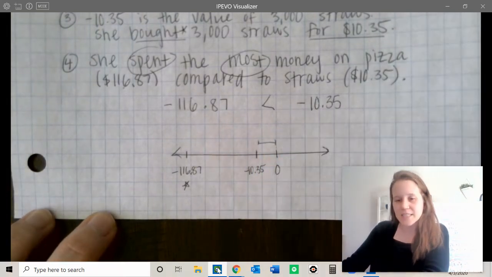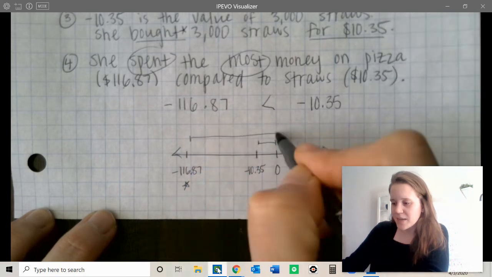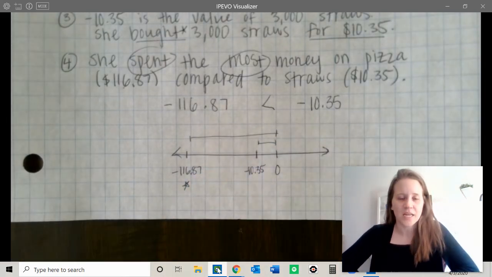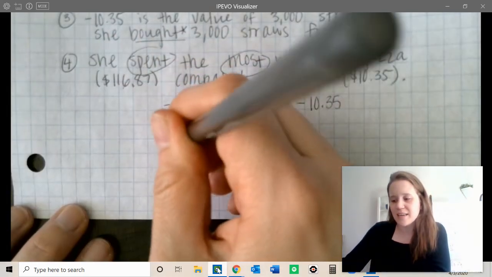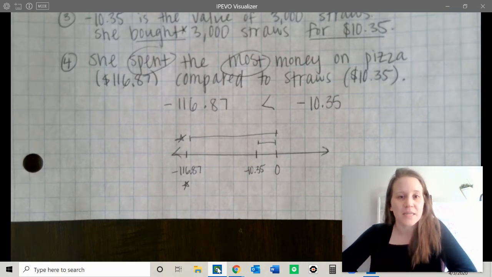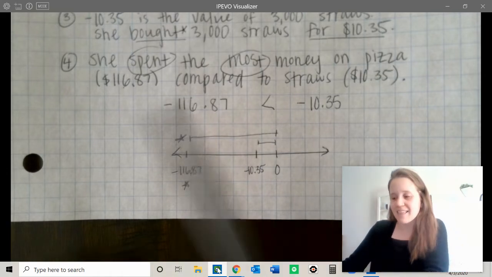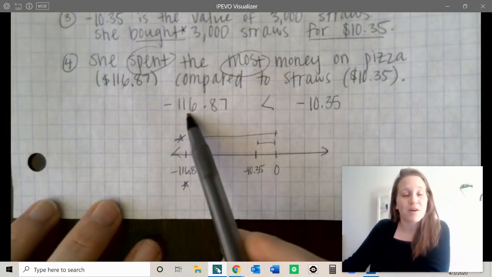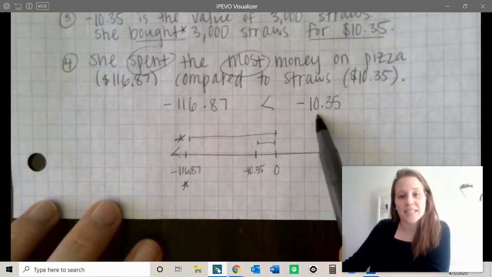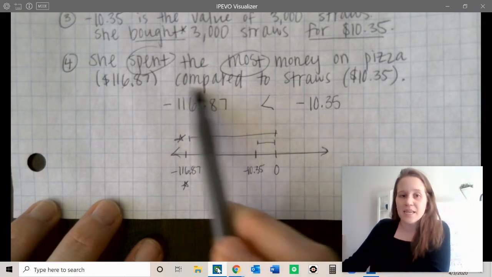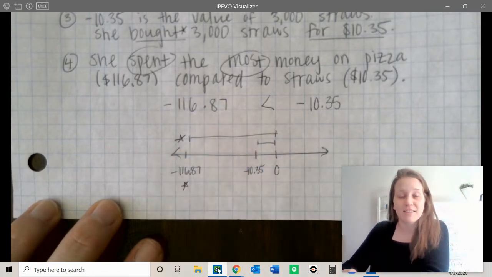Did I only spend this much, or did I spend this much? Right? Clearly, then you can see that here I'm spending the most on pizza, that number that's farther away from 0. But again, the value of these numbers, we say negative 116.87 is less than negative 10.35 because this number is farther to the left on the number line.